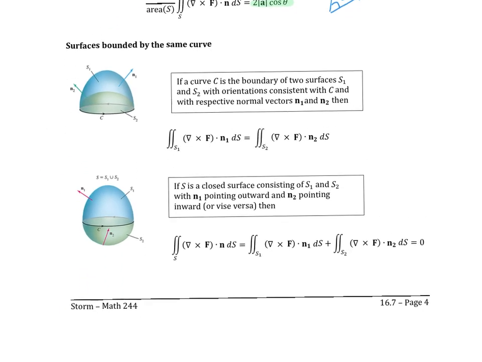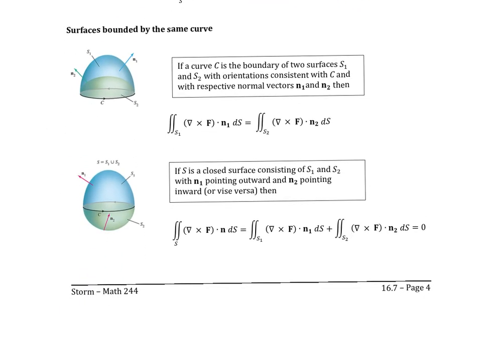Something that may come up in maybe your physics class. Well, let's say that we have a curve, some oriented curve, and it's defining two surfaces where you have an inner surface and you have an outer surface. They have the property that their normal vectors are going in the same direction.